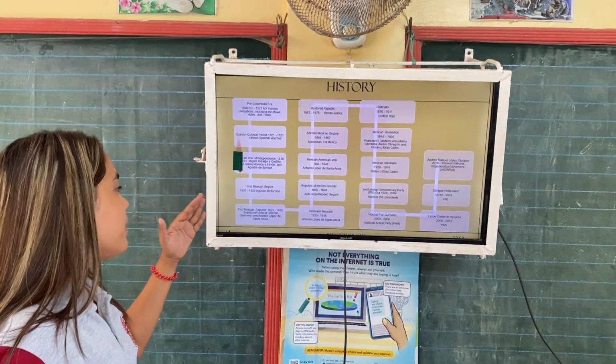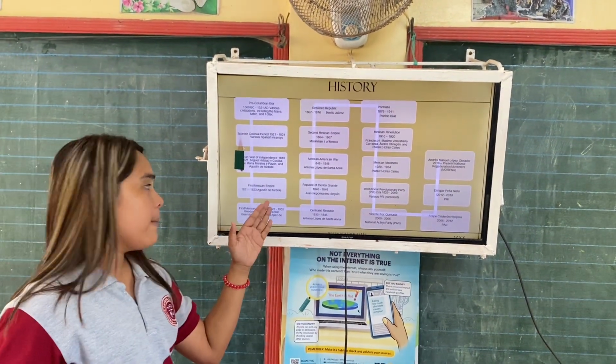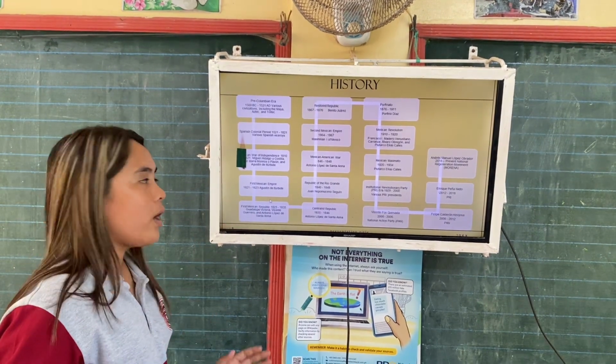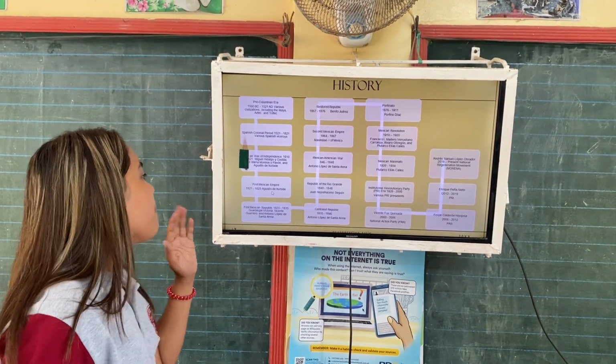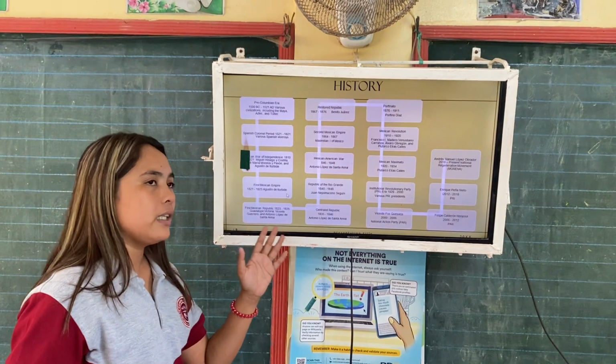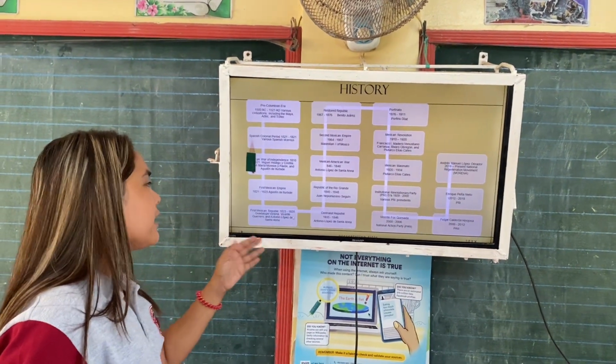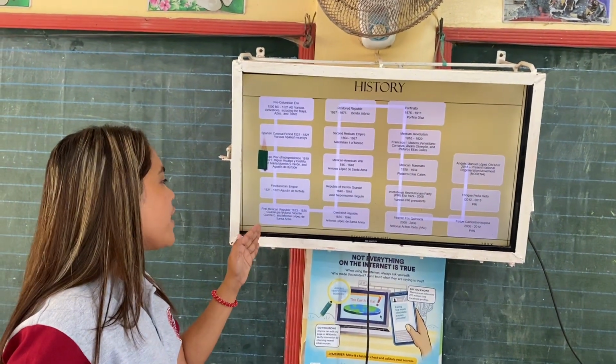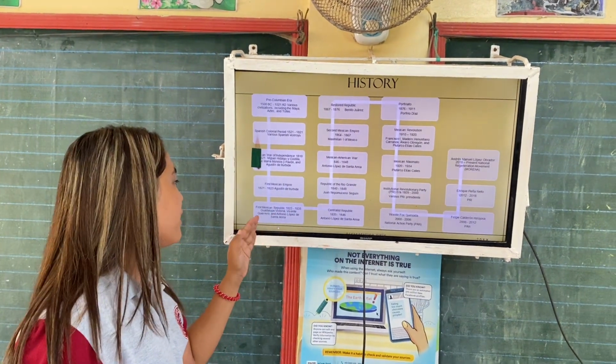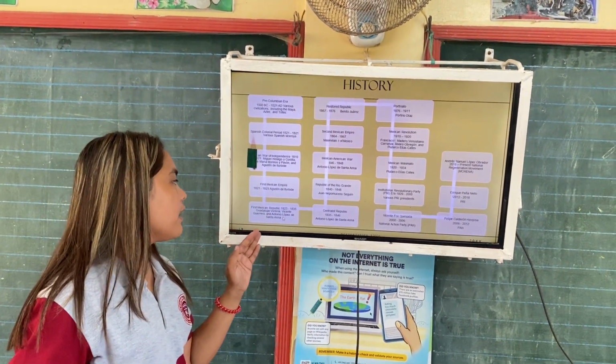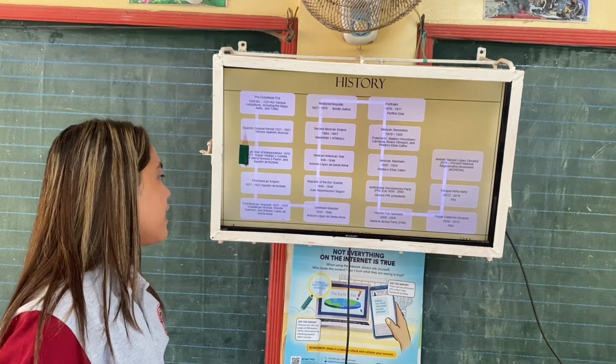Then, followed by the First Mexican Empire by 1821 to 1823, which is Agustin de Iturbide. And then by 1823 to 1835, the First Mexican Republic: Guadalupe Victoria, Vicente Guerrero, and Antonio Lopez de Santa Anna.